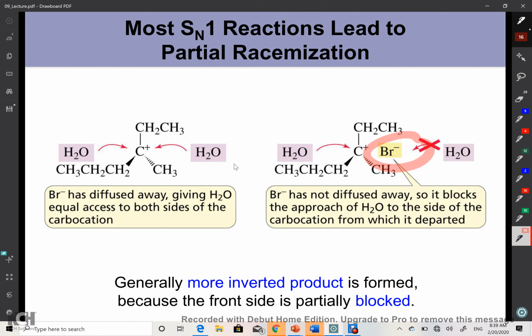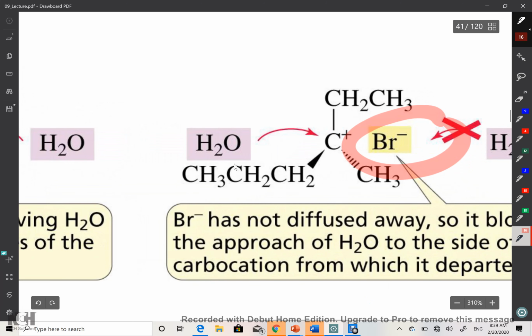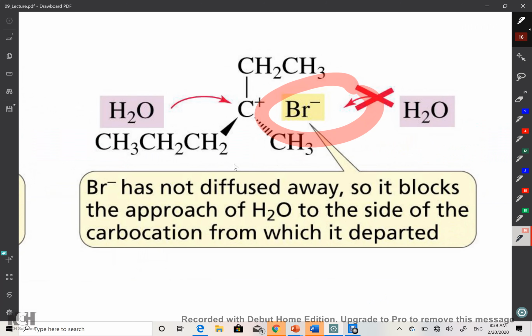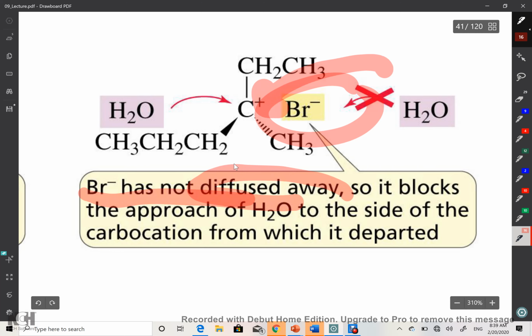And so in this case, that's why if you read here, it says it in English. So we say here that if the Br has not diffused away, meaning that the Br didn't go away completely, this route is already blocked because the Br is still standing around there.